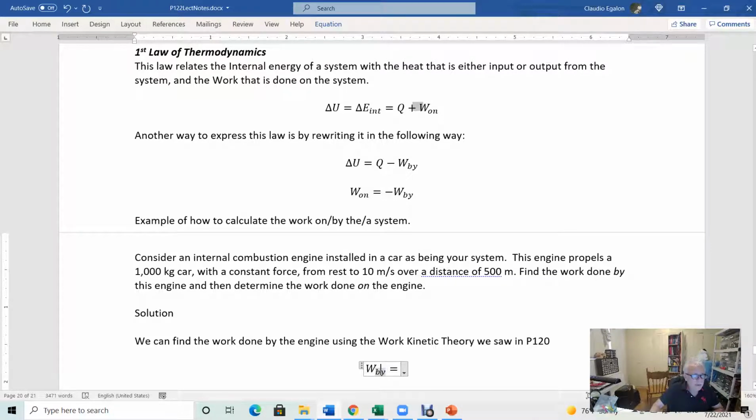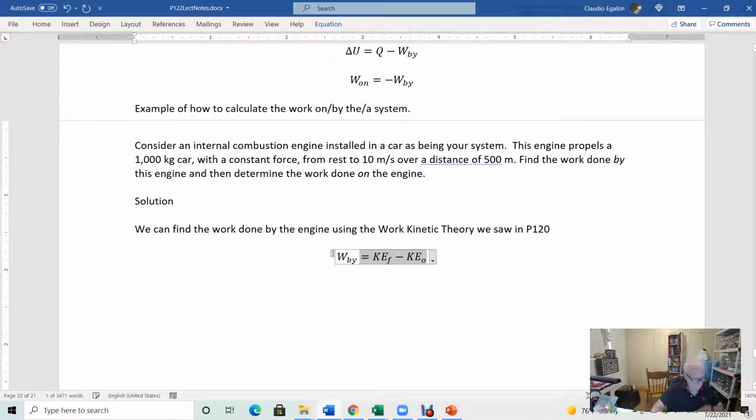The work done by the net force is going to be the final kinetic energy minus the initial kinetic energy. The initial kinetic energy is 0 because the initial velocity is 0. The final kinetic energy is half m v final squared.